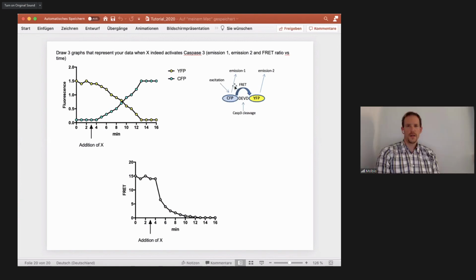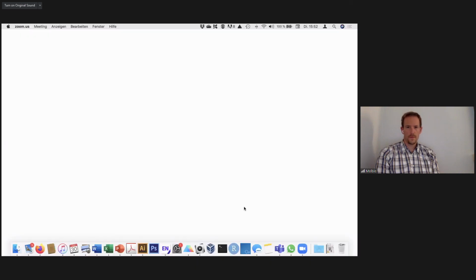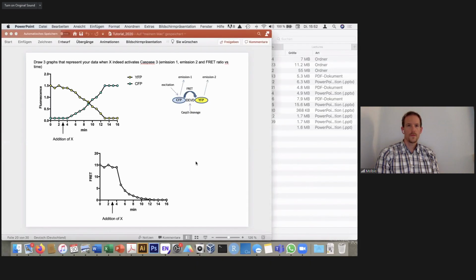So in the beginning, you have this sensor, as it is here. Energy from CFP is transferred to YFP, so what you will read is mainly the emission of YFP.